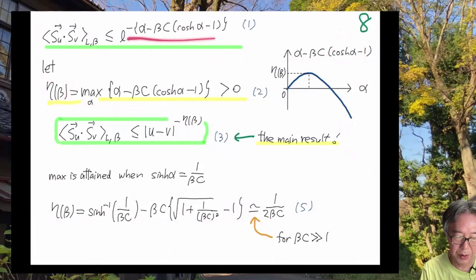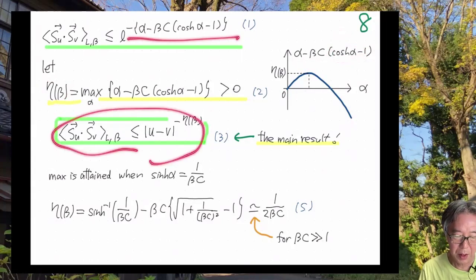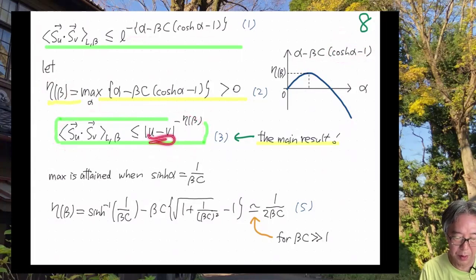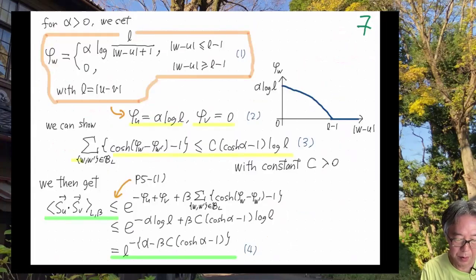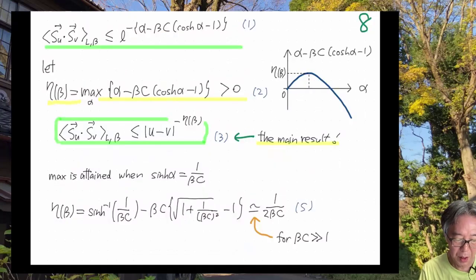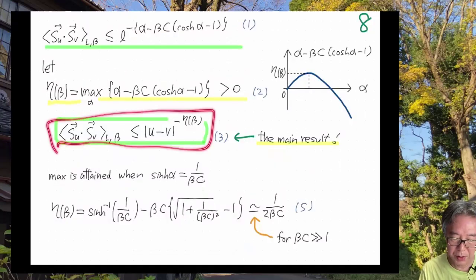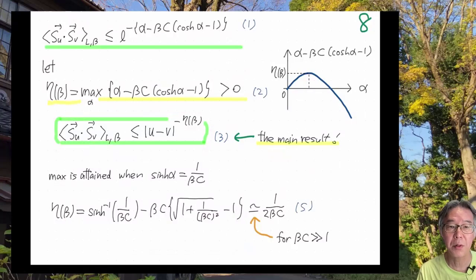So if you plug this in here, we get this. Because L is u minus v, we get this. So this is our main result. We have proven the upper bound which decays with a power law. You can also easily find that this maximum is attained when hyperbolic sine alpha is 1 over beta c.